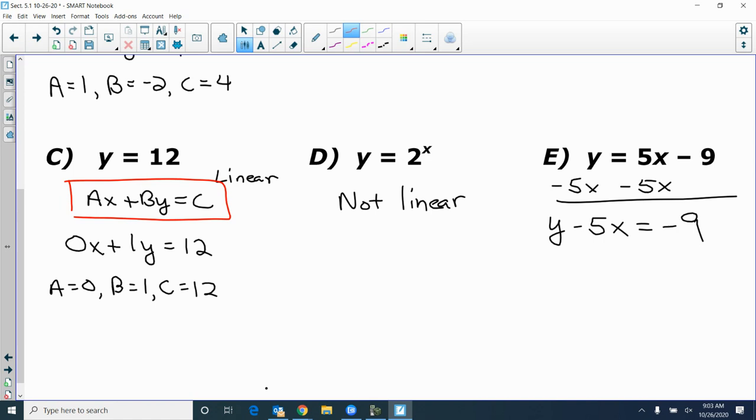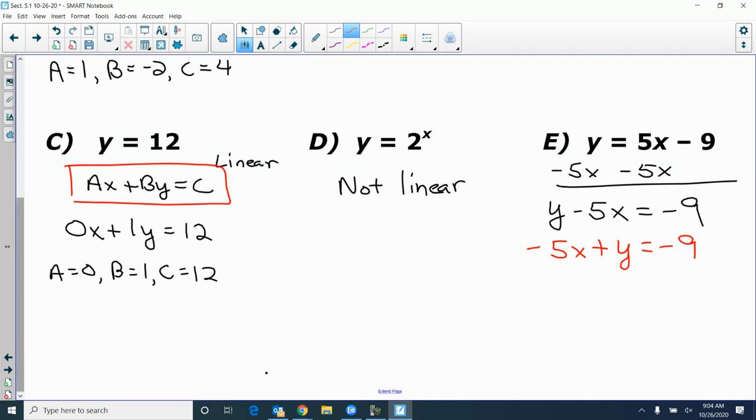So this one I got the y. So Colin, rearrange it for me. Negative 5x plus y equals negative 9. Good. The negative travels with the 5. And so my A is negative 5. My B is 1. And my C is negative 9.